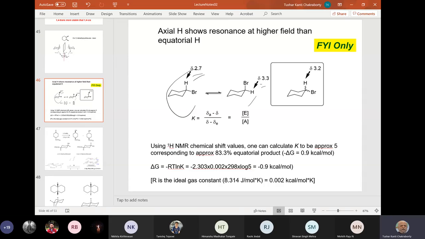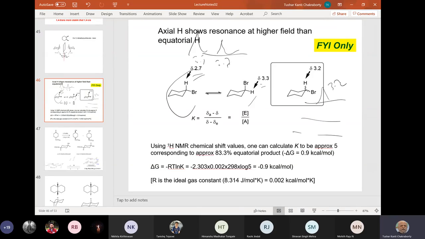This is possible if I do it at low temperature, where possibly I can freeze it in the particular most stable one, and it does not interconvert to the other one. At some temperature, maybe I'll see 1:1 of these two, and then you can see two peaks, one at 2.7 and another at 3.3. But as we do a variable temperature study, going minus 10, minus 20, minus 30, slowly these two peaks come together to something like 3.2.